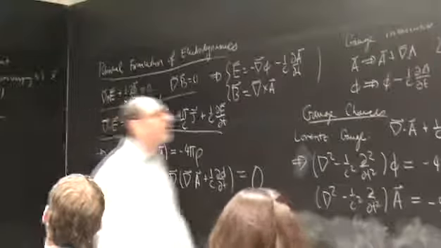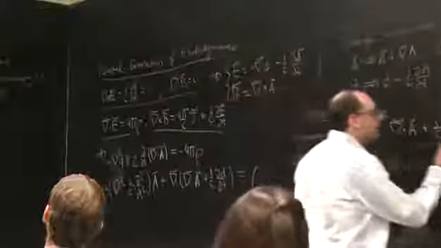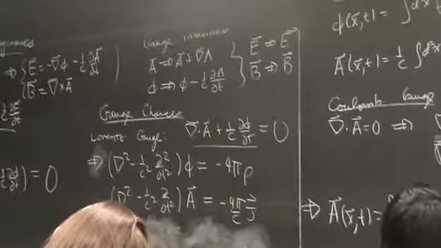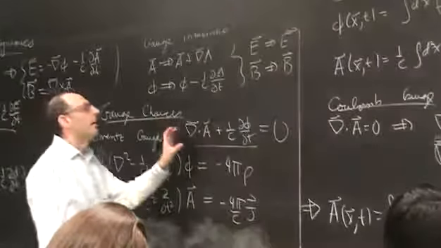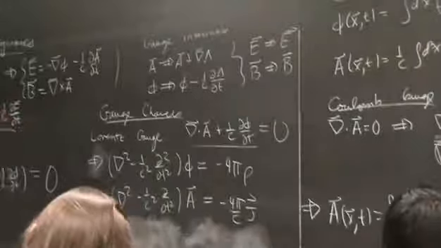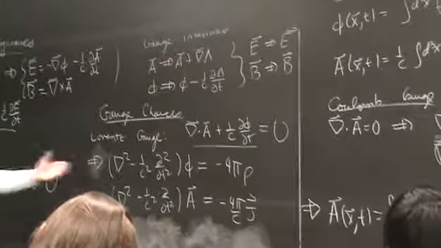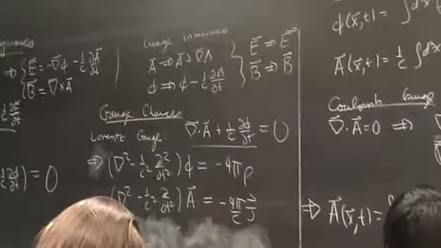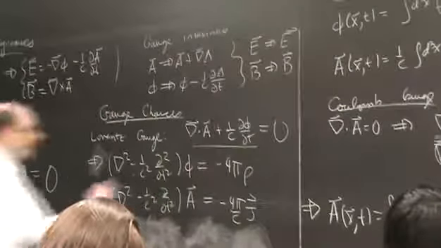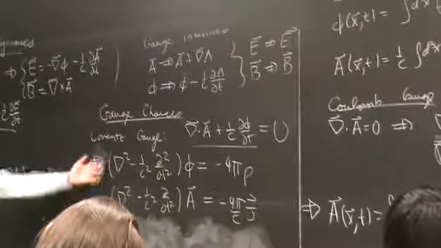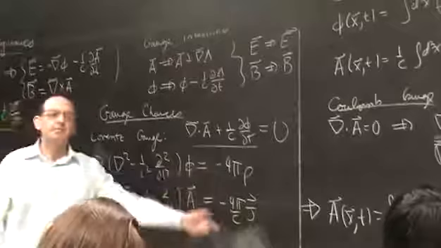Two standard choices in electrodynamics: the so-called Lorentz gauge, so called because this gauge condition is the same in all inertial reference frames. We get a very simple form for the equations of motion for the scalar and vector potentials, and they are just wave equations with sources.